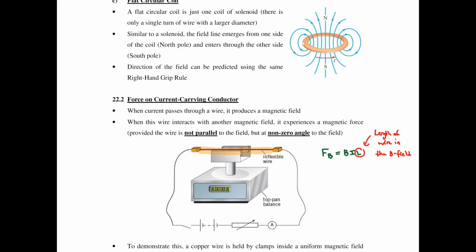So right now, that L actually refers to this particular length over here. This is the length of the wire inside the magnetic field. It isn't the length of the entire wire over here. We do not use the entire length of this wire. Instead, we use the length of the wire that is inside the magnetic field only. Okay?